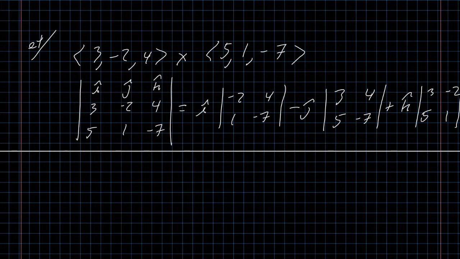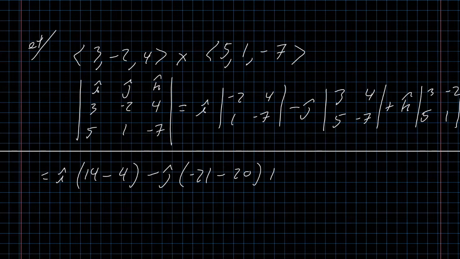And then take all of those 2 by 2 determinants. So we have i hat times -2 times -7 is 14, minus 1 times 4 is 4, minus j hat, we have 3 times negative 7 is negative 21, minus 5 times 4 is 20, plus k hat, 3 times 1 is 3, minus 5 times negative 2 is plus 10, right?